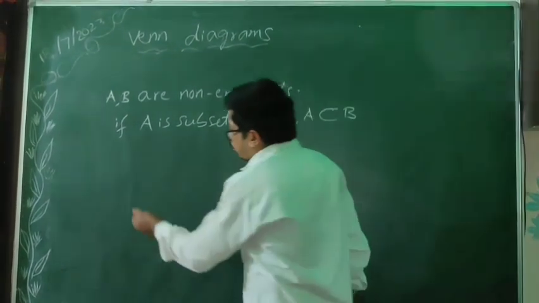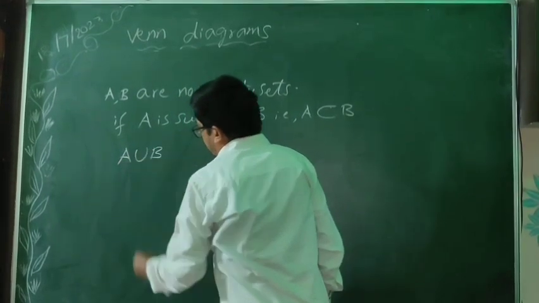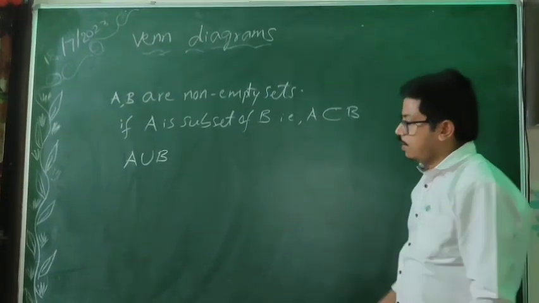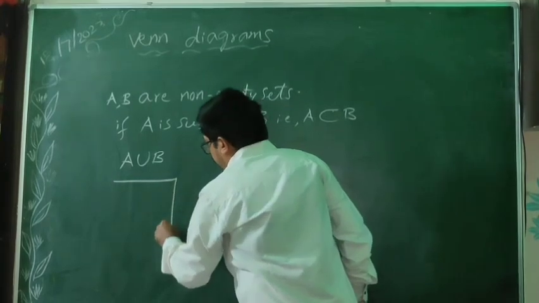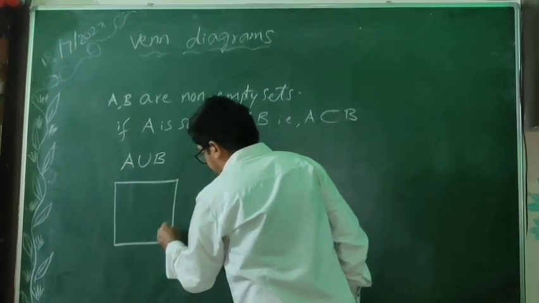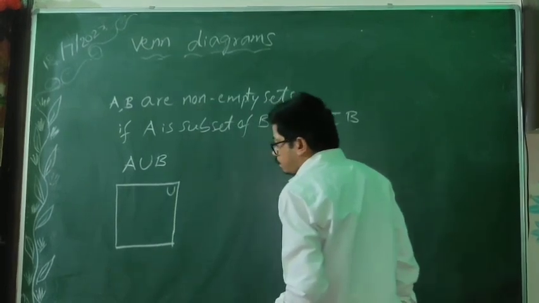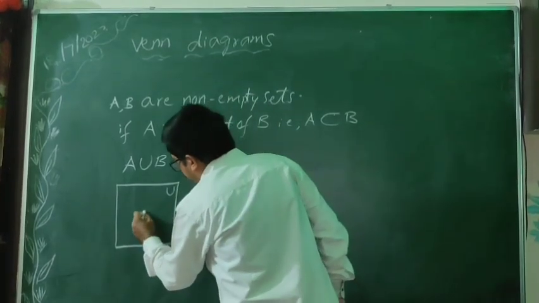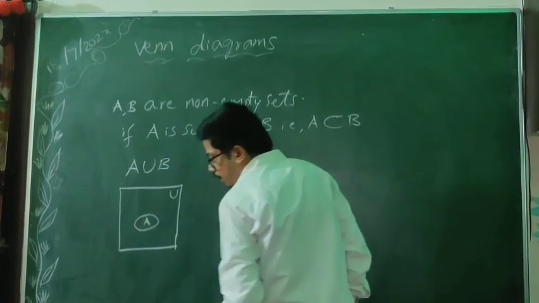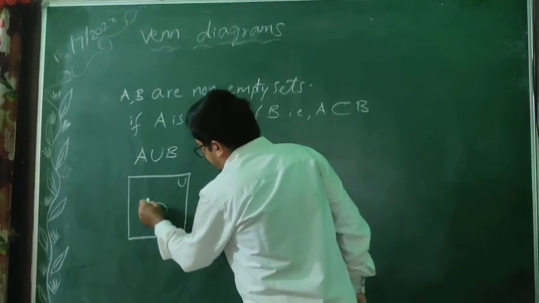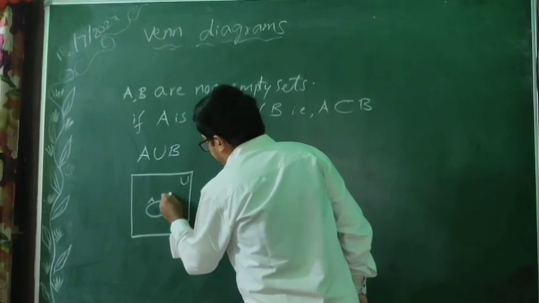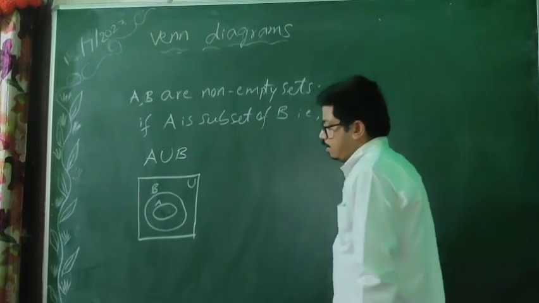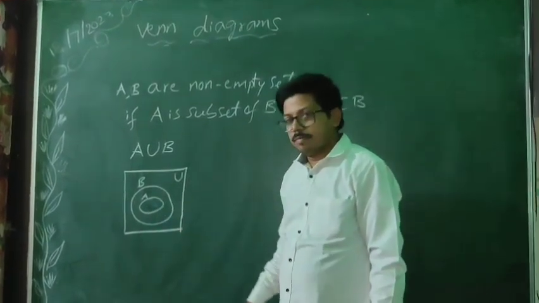The first one is how to show A union B. We have already discussed that A is a subset of B, in the universal set U. So B is bigger than A. The small set A, and a set B comprising the elements of A.